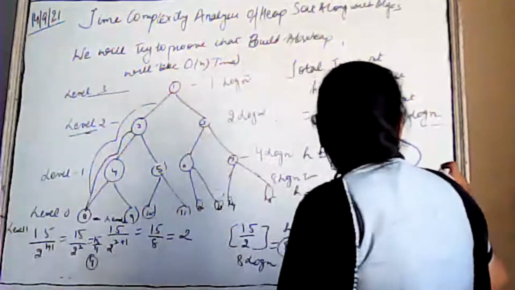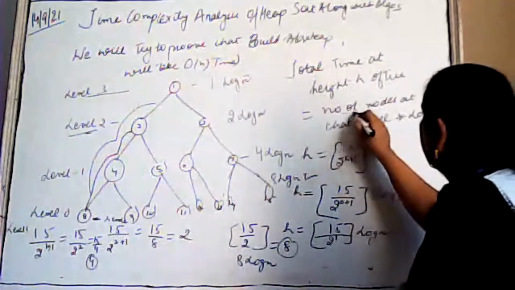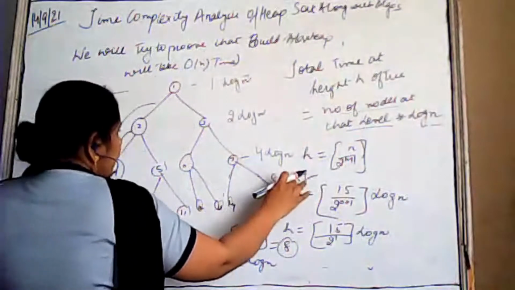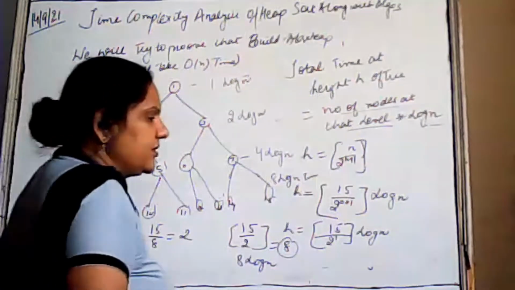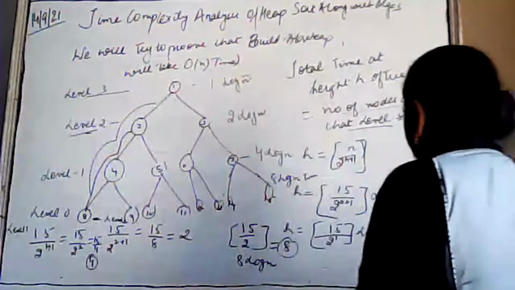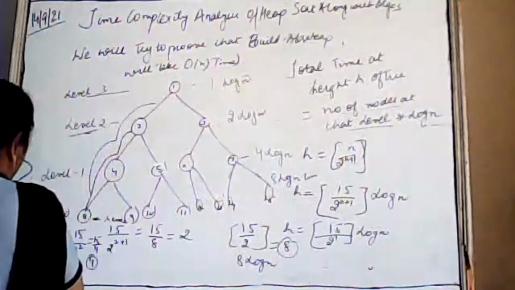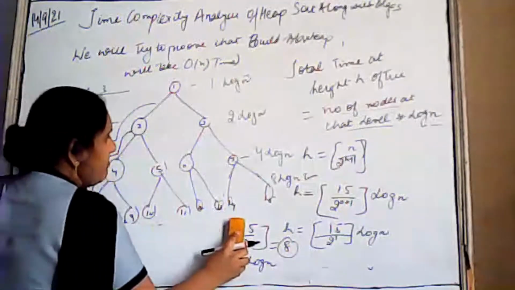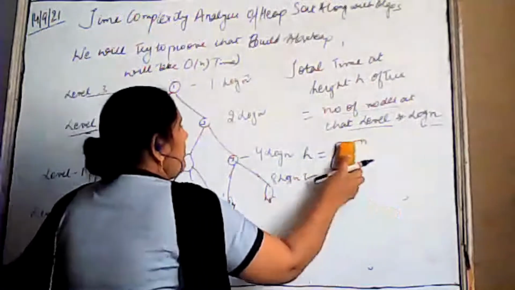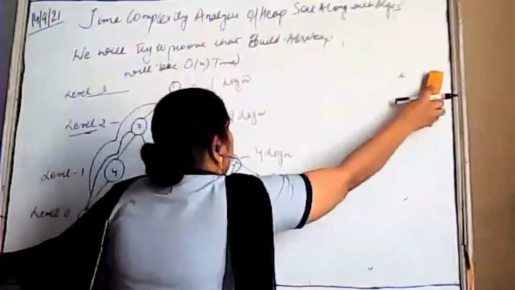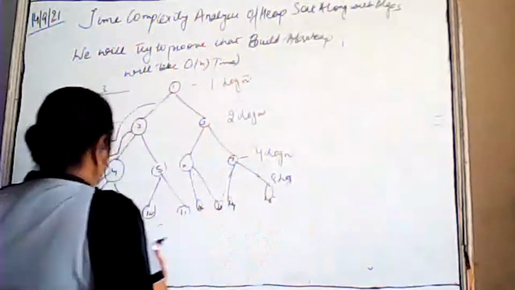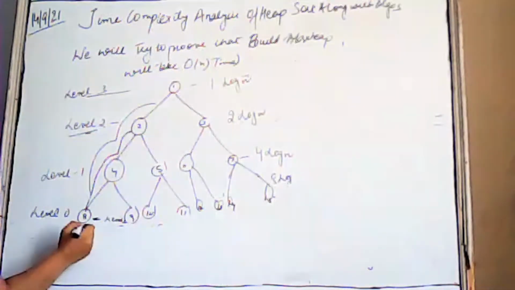Now, we have to substitute the number of nodes. Instead of n, you have to substitute the number of nodes. See, these are non-leaf nodes. So the individual node is 1.